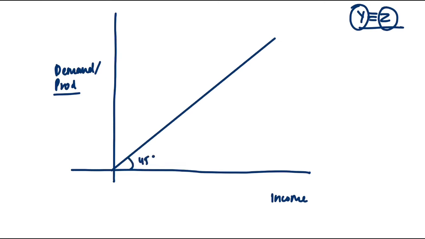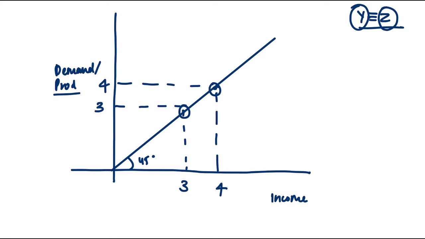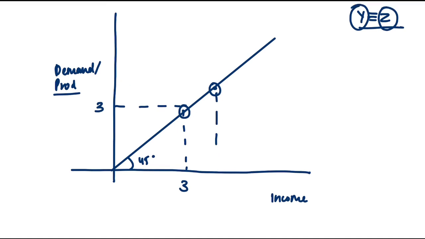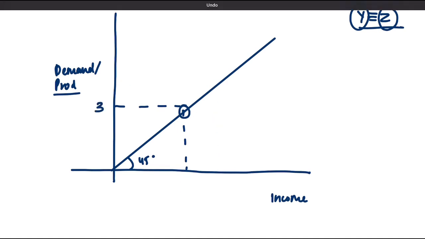Which basically means that any point on the line, when drawn to the x or y axis, has the same value. So any point, if you trace it back, will have the same value, which is how it indicates the equality. But that's something that we don't need for our discussion right now. So I'll just quickly get rid of this.